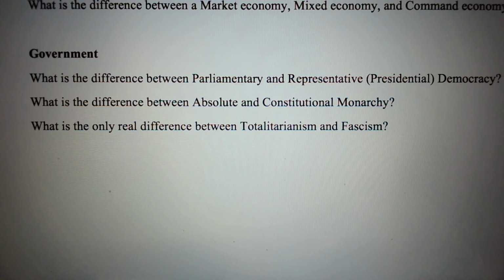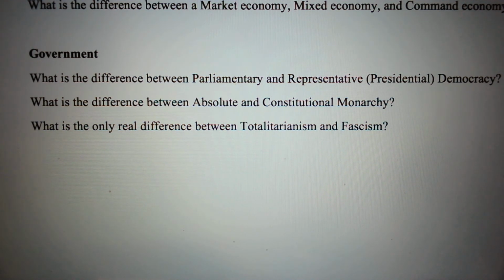And then whichever political party wins, the leader of that party automatically becomes the leader of the country, the prime minister. In a representative democracy, the people vote for the person, not the political party. We just saw this in the United States. You had a presidential election between Donald Trump and Joe Biden. People either voted for Donald Trump or for Joe Biden. They did not vote for the Republican Party or the Democrat Party.